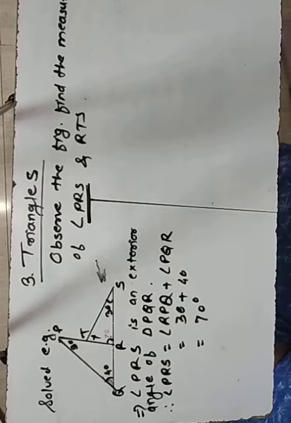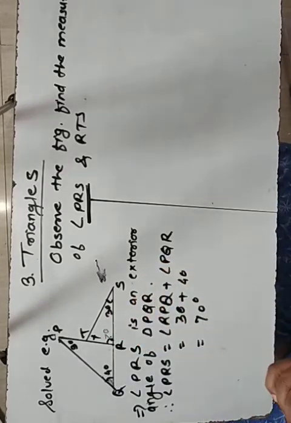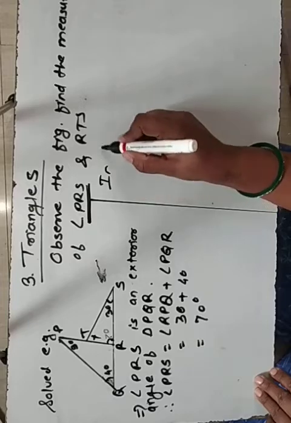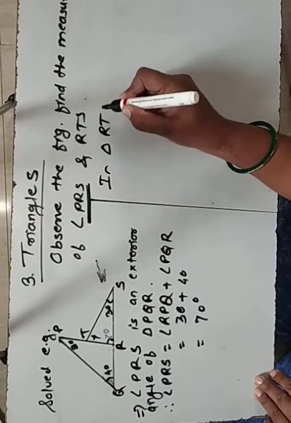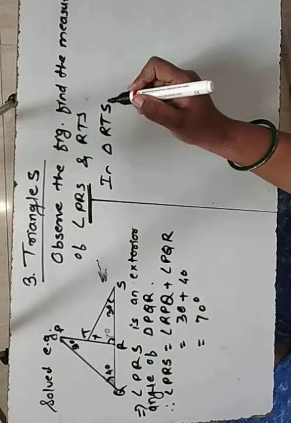Now I have to find the second angle's measure. The second angle is RTS. So here I will write: in triangle RTS, you know that the sum of all angles of a triangle is equal to 180.